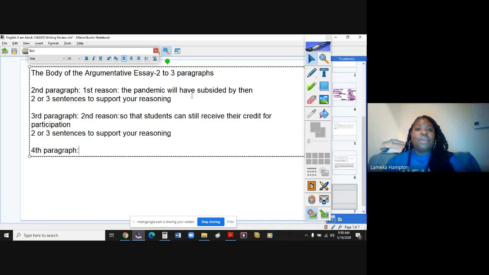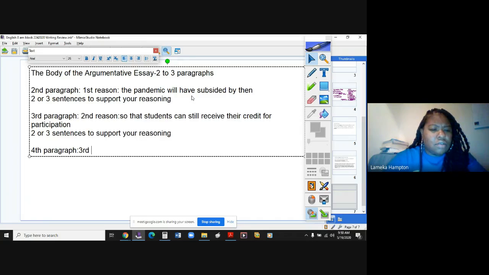I want to make sure we understand that, because different people at different times in life learn different things. So on the 4th paragraph, you can either write the 3rd reason, or what's called a counter argument.